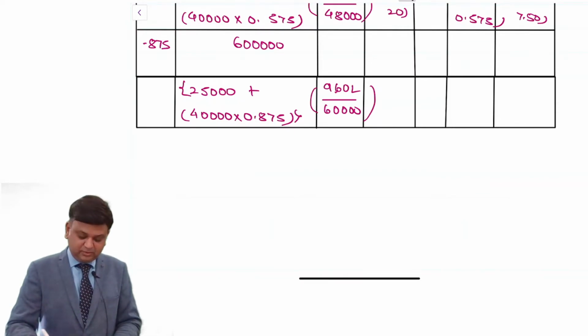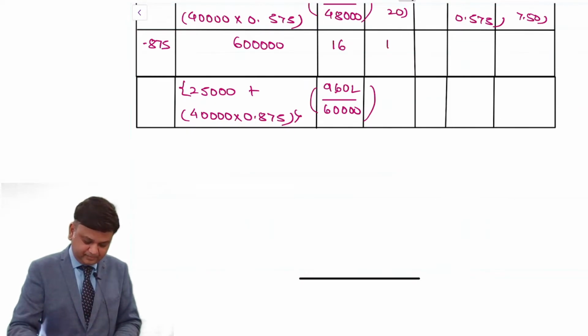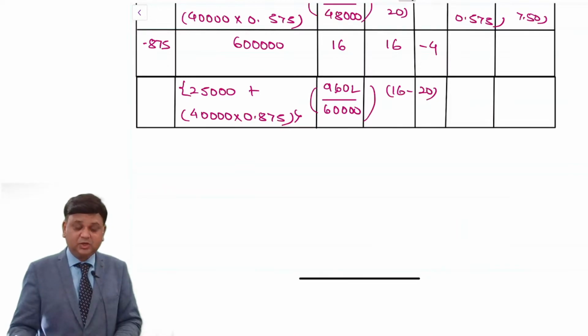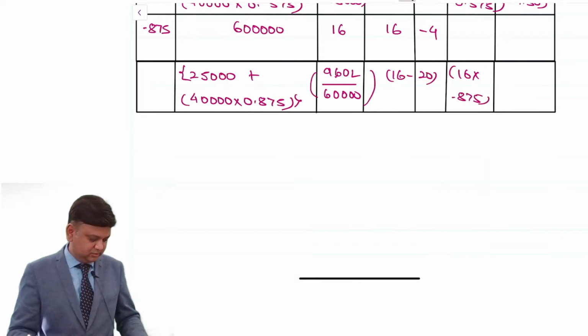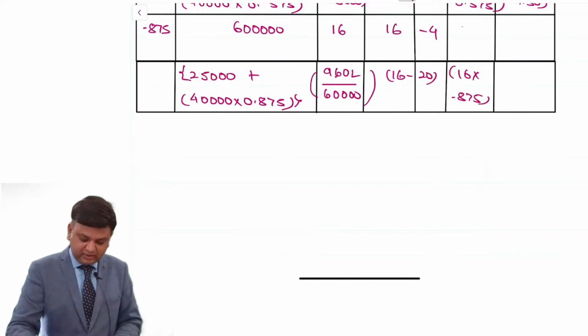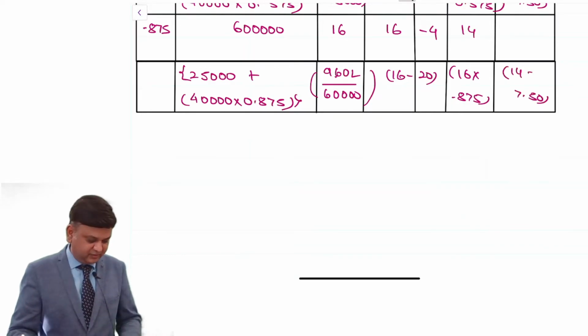That comes to 16 rupees per share. So there is a loss of 4. 16 into 0.875. That comes to 14. 14 minus 7.5. That is 6.5.